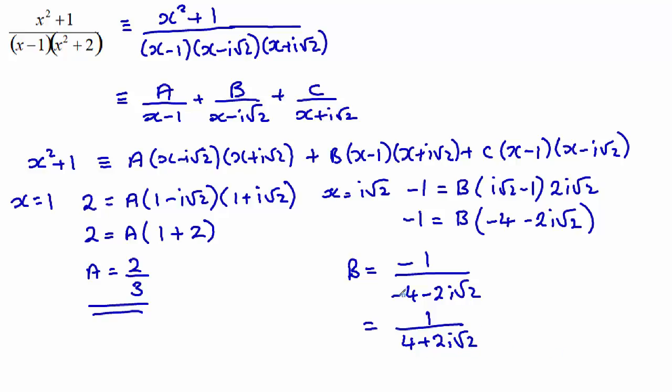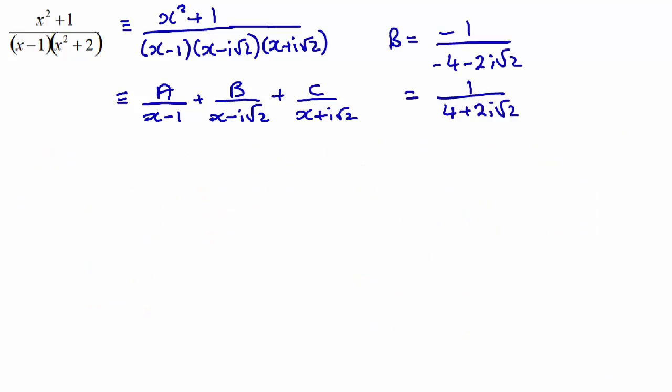So what I'm going to do is I'm going to make some space and I'm going to simplify that. So what I'm going to do here is multiply top and bottom by 4 minus 2i root 2. So 4 minus 2i root 2 over 4 plus 2i root 2, 4 minus 2i root 2.